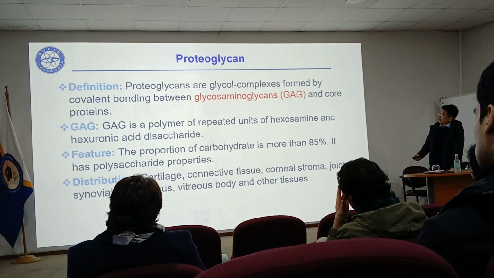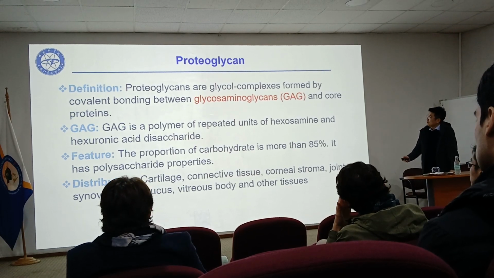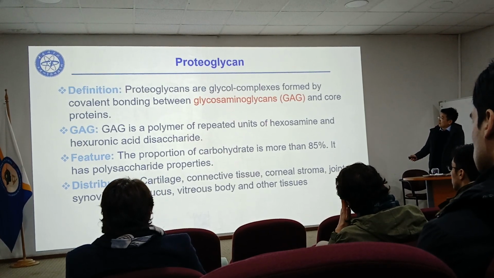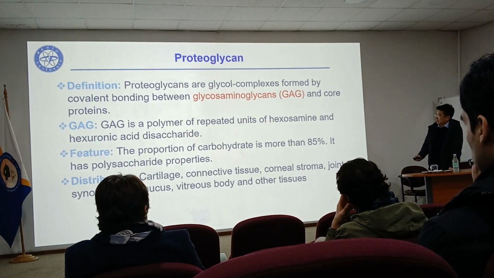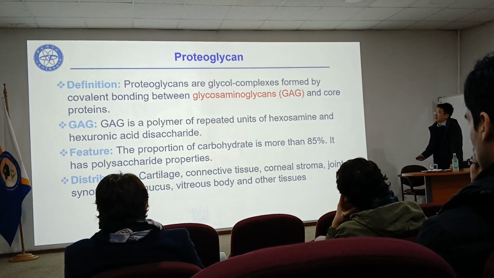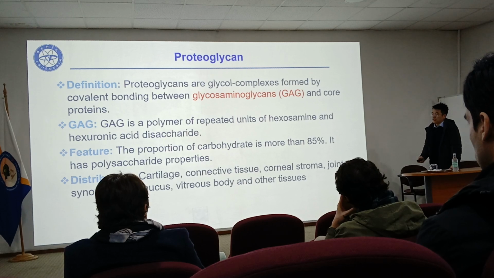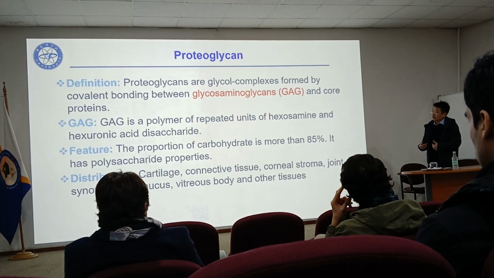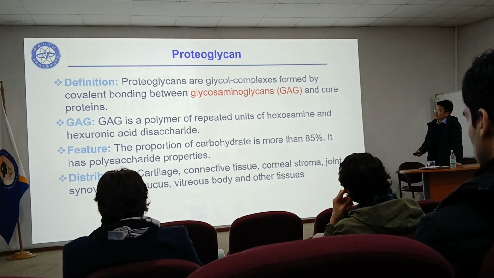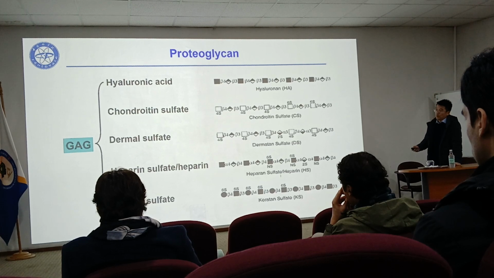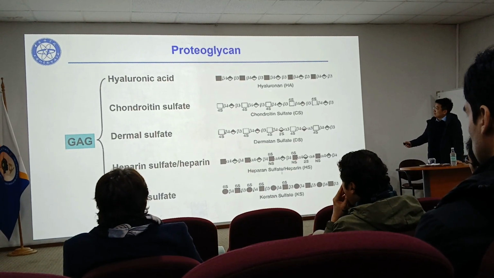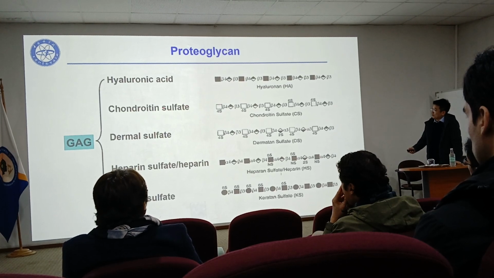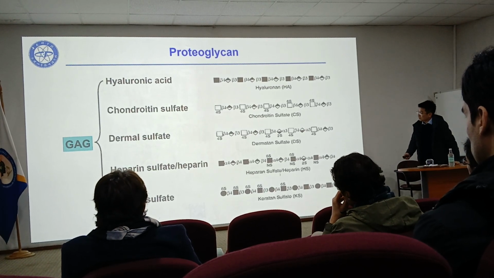I won't read the definition, but the glycosaminoglycan, the GAG, is a very important proteoglycan, which exists in nature and is also an important medicine. There are typical GAG structures for this.